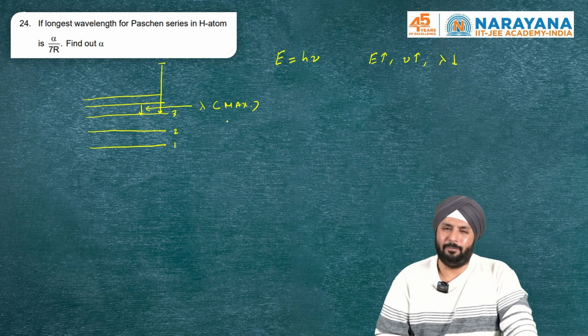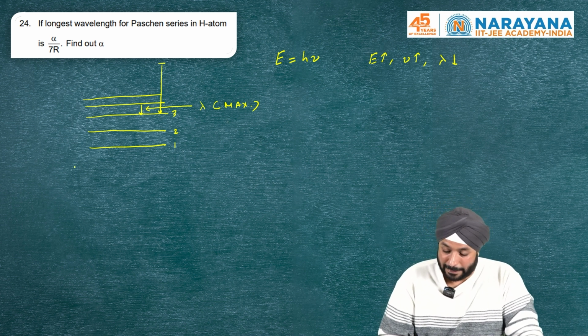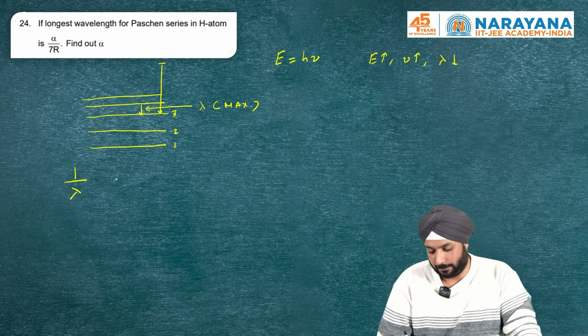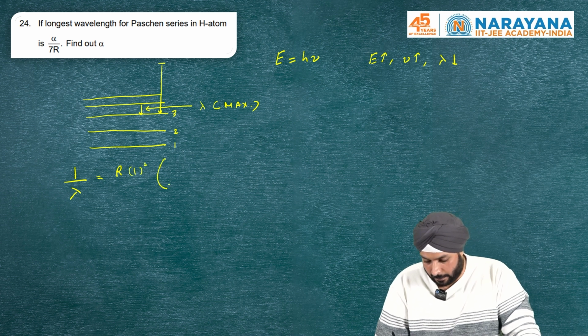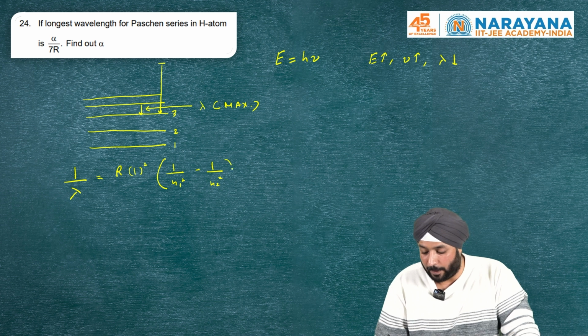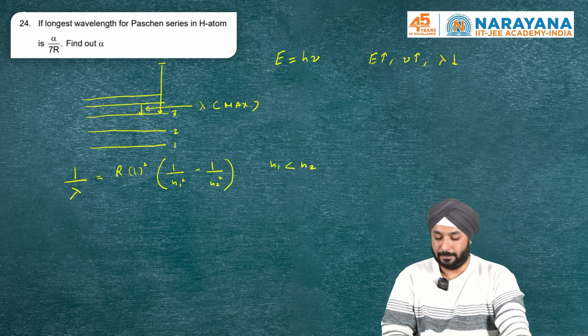So we'll apply the Rydberg formula, that is 1 by lambda, wave number, is equal to Rydberg constant R into Z square. For hydrogen, Z is 1, into 1 by n1 square minus 1 by n2 square, where n1 should be lesser than n2, right?